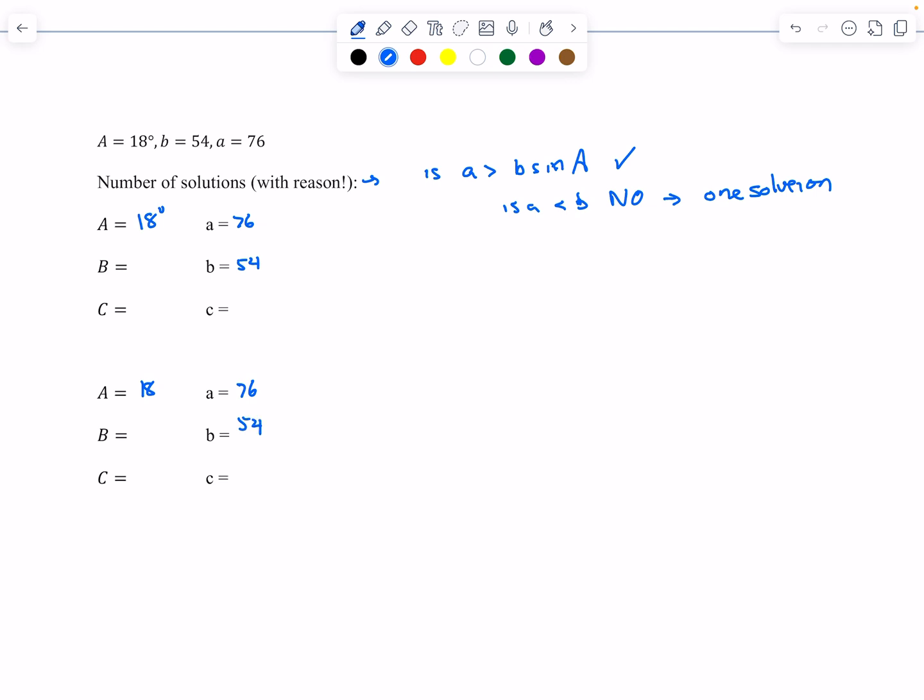Okay, b is smaller. B has to be an even smaller side, so let's just do this. Cross multiply, second sign, you get 12.68 degrees, or its supplement.